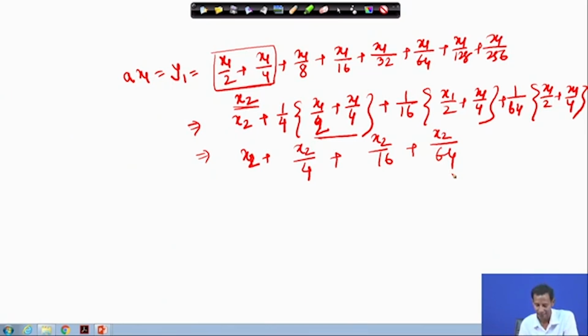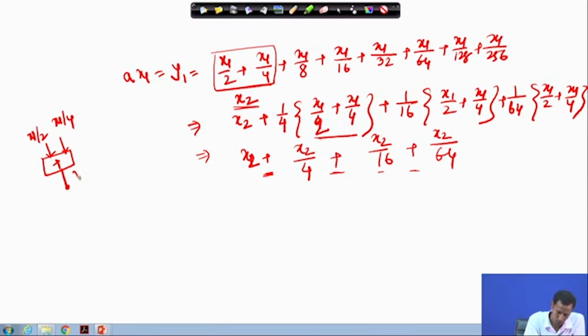Okay. That means, now what do I have to do? Initially only once I have to do this, x1 plus x1 by 2 plus x1 by 4. That means, if I just do x1 by 2 and x1 by 4, this is producing x2, right.